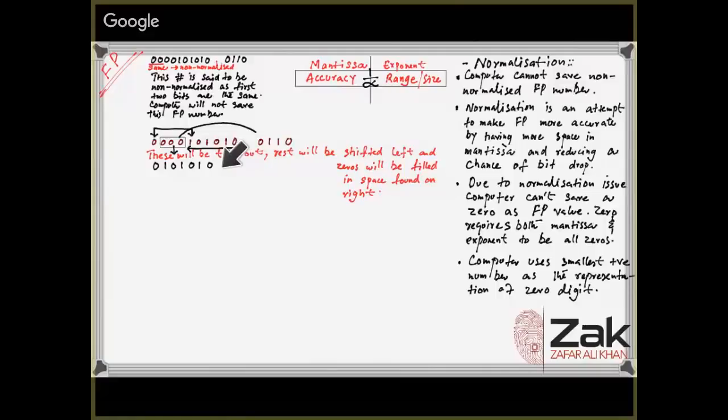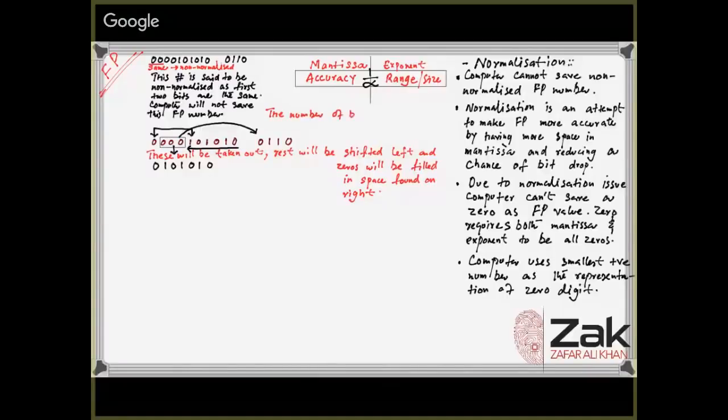But what would be the effect? Earlier this was actually going 6 places left, and since we have taken out 3 bits, we would have to adjust this exponent accordingly. So we subtract the number of bits we have taken out from the exponent. How many bits have we taken out? 3. What is the exponent? 6. So we subtract 3 from 6.